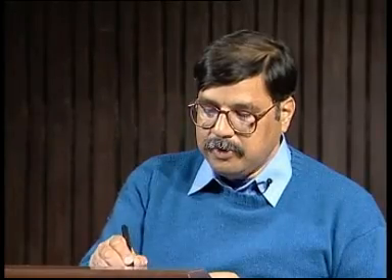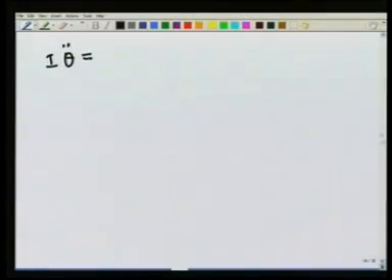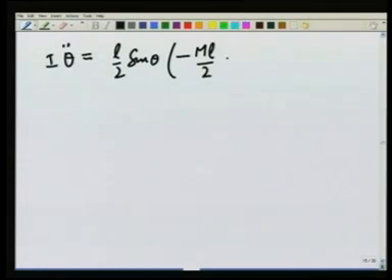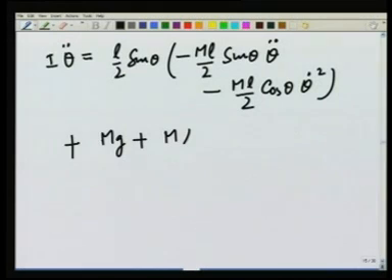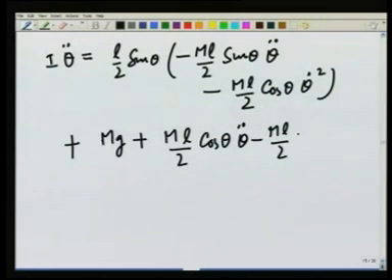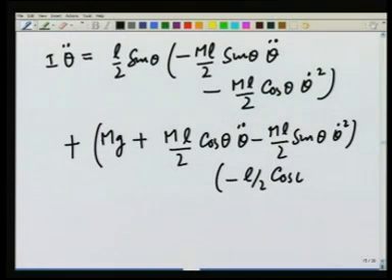We get I theta double dot is equal to L over 2 sin theta times n2, which is minus m L over 2 sin theta theta double dot minus m L over 2 cosine theta theta dot square, plus mg plus m L over 2 cosine theta theta double dot minus m L over 2 sin theta theta dot square times minus L over 2 cosine of theta.